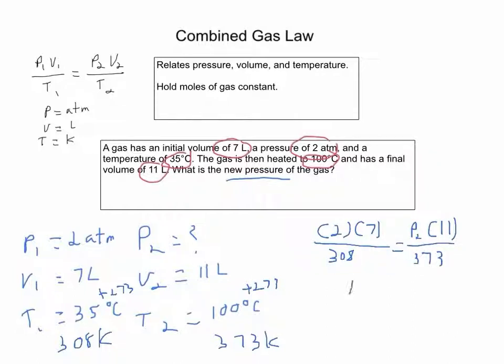When we solve for P2, we get 16.95 atmospheres. Remember, we're solving for pressure, so the unit for pressure is going to be atmospheres. So the pressure goes from 2 atmospheres up to 16.95 atmospheres.